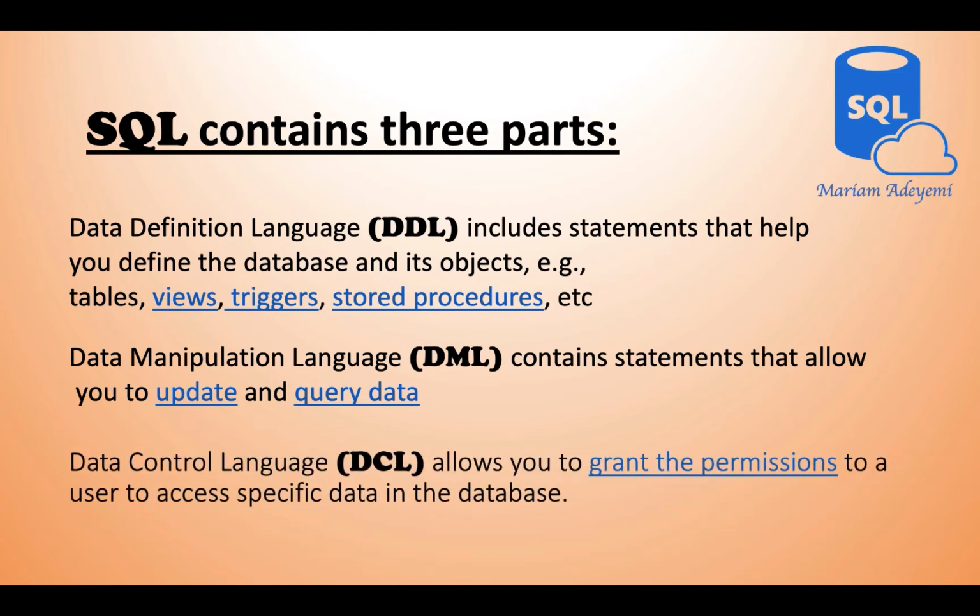The last one is the DCL, Data Control Language, which allows you to grant permission to users to access specific data in the database system. So this limits or restricts access to all the information in the database. You can decide what each administrator will have access to, and that's what this is used for.